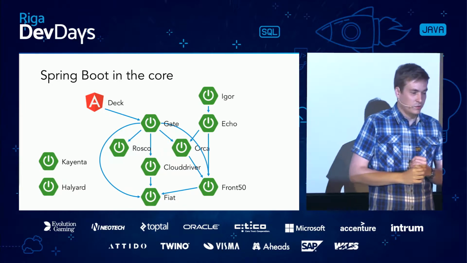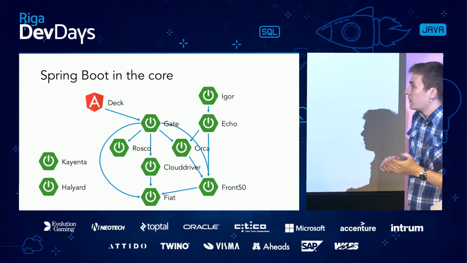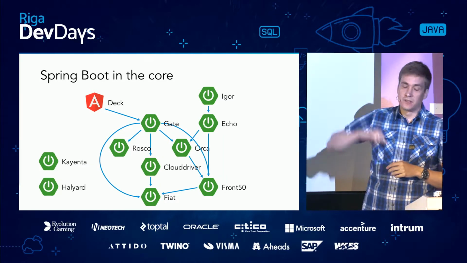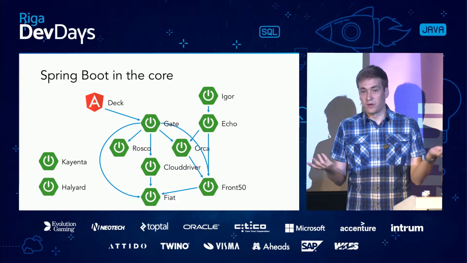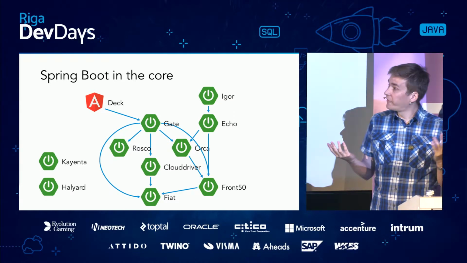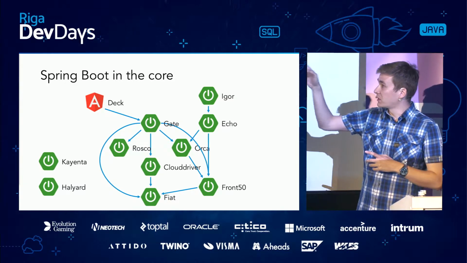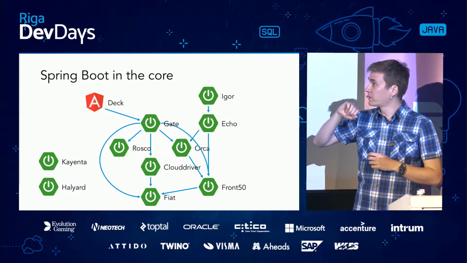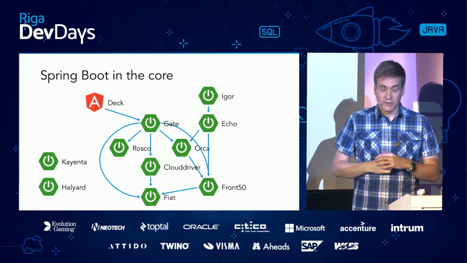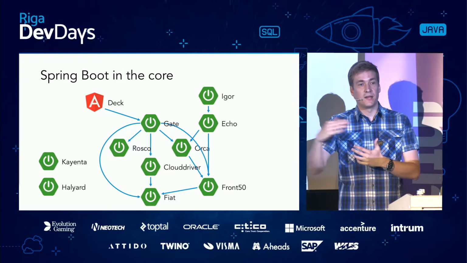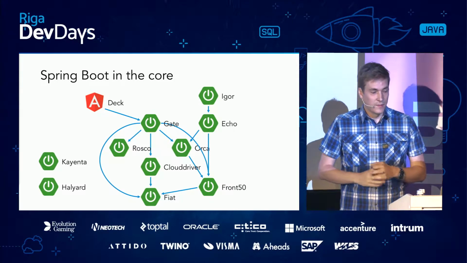So what do these things do? You have Deck, which is an Angular application. That's the browser-based UI. You have Gate, which is an API gateway. Orca is an orchestration engine. We have Cloud Driver, which is like a gateway to the cloud providers.